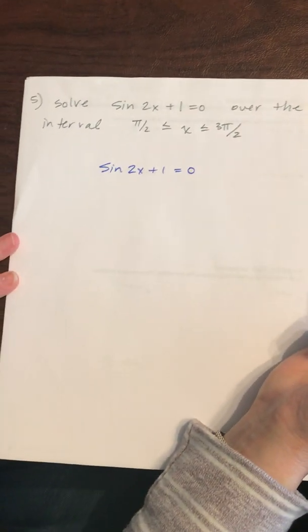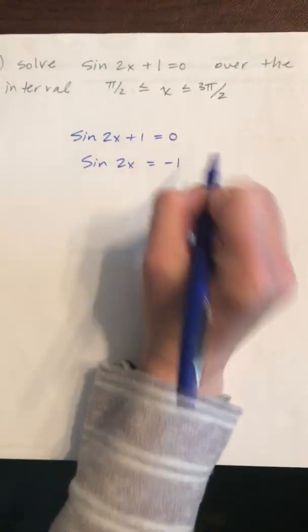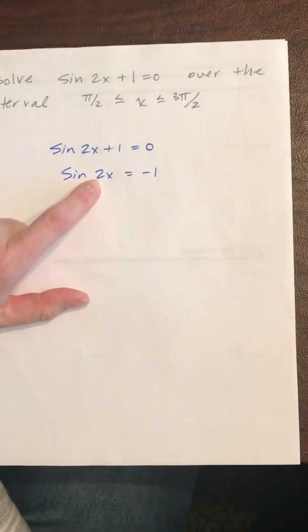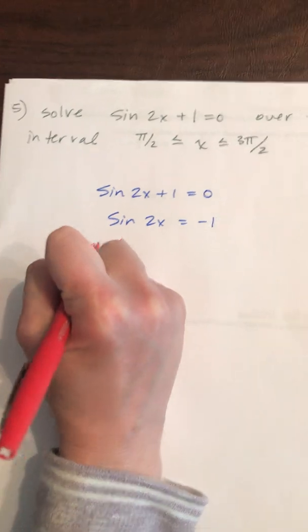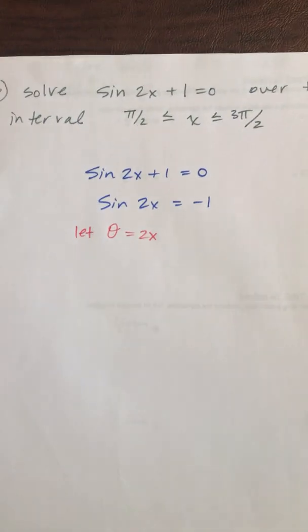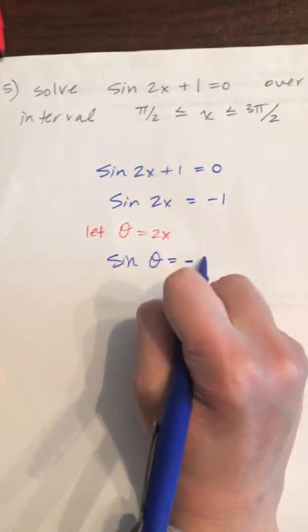So I have sine of 2x plus 1. You would start by doing this the same way. The issue we run into here is that we don't know how to solve for sine of 2x. So what I'm going to suggest is I'm going to say let theta equal 2x. What that does is now I can rewrite my equation.